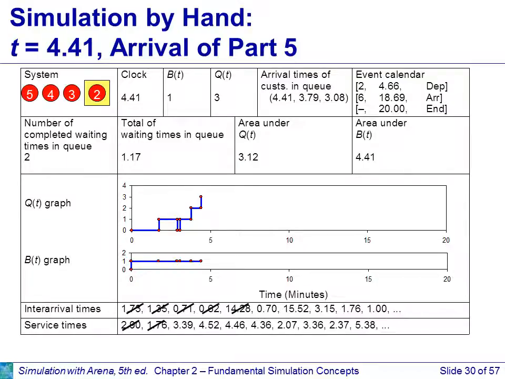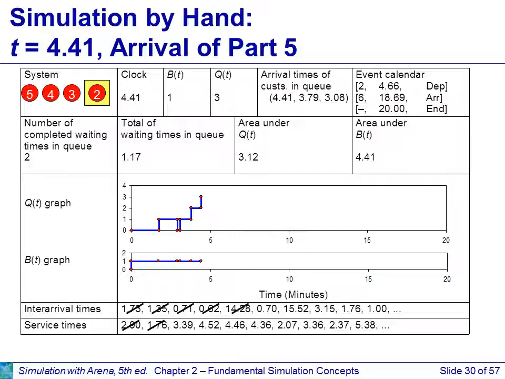So next is the arrival of part 5 at time 4.41. So now we have 3 parts in the queue. So QT is different, it's 3. We updated the event calendar by adding the arrival of part 6, which is below the departure of part 2 because the time is much higher. And then we still have the same number of completed waiting times and the same total of waiting times.